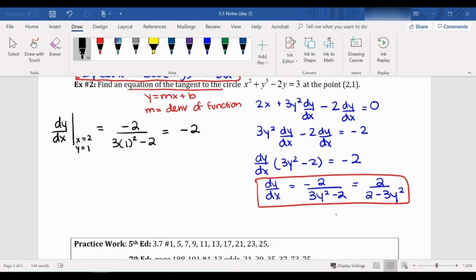Oh, whoops, I'm missing something. In my blue stuff, I moved 2x over to the right and I forgot to write x. There should be an x on all of these.